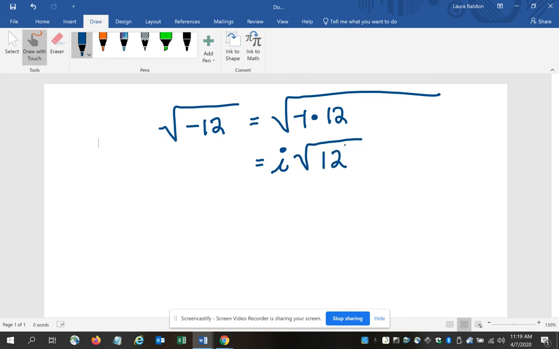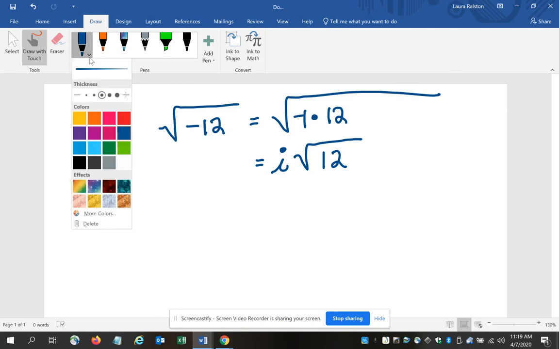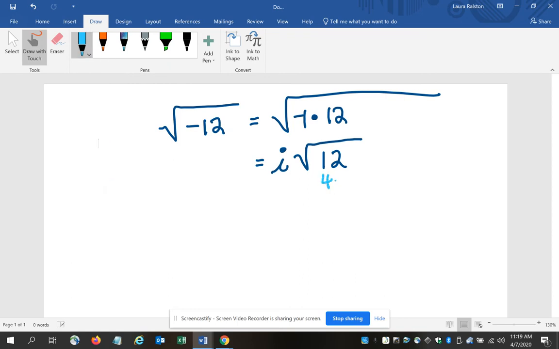But I can't stop there because remember, you have to ensure that you don't have a perfect square under the radical. Well, 12 is 4 times 3. 4 is a perfect square, so it's going to come outside. The square root of 4 is 2. I still have the i because it was negative, and the 3 has to remain under the radical.